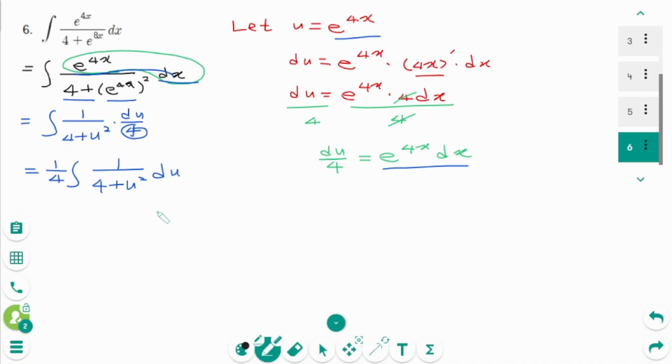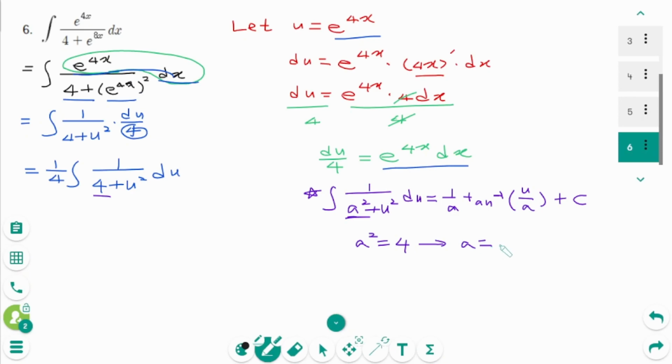Then use the formula, the integral of 1 over a squared plus u squared du equals 1 over a arctangent u over a plus c. Now a squared is 4.